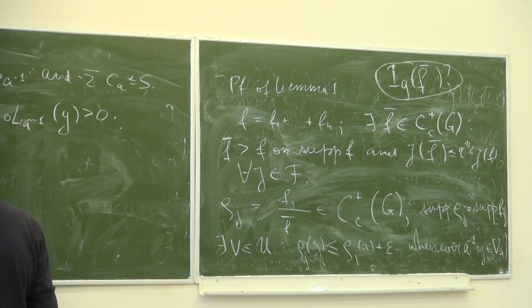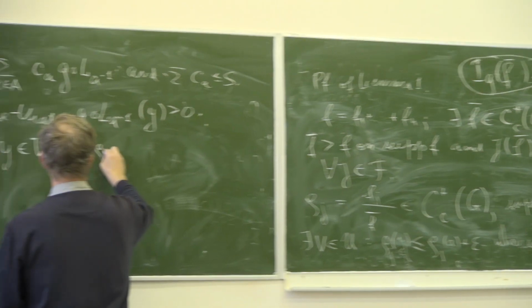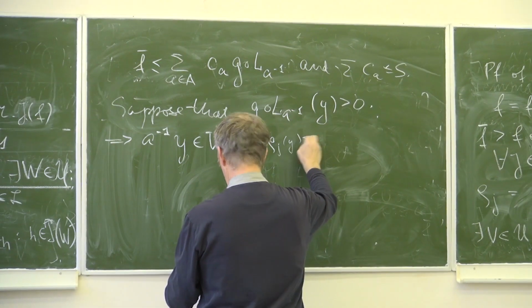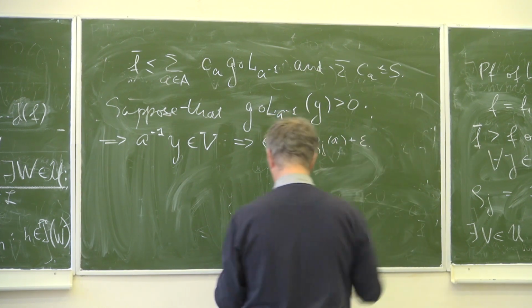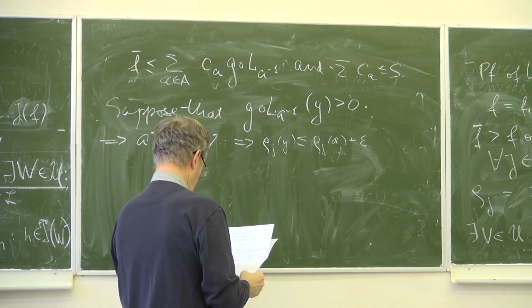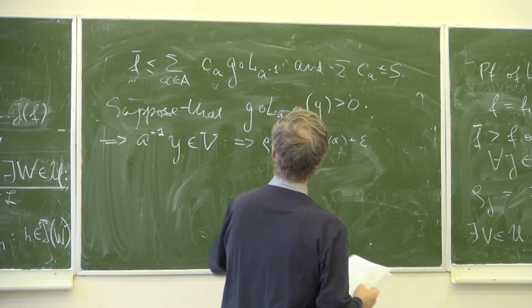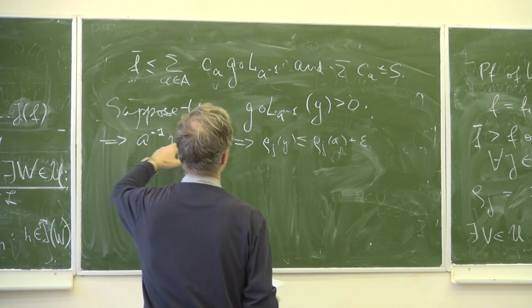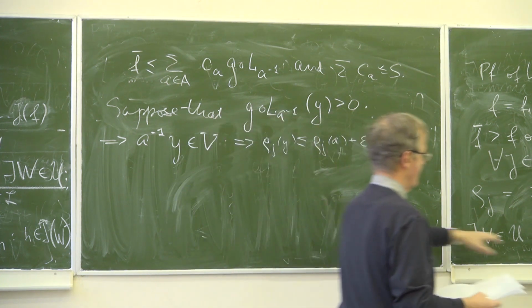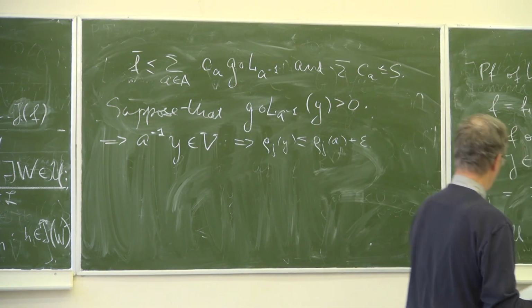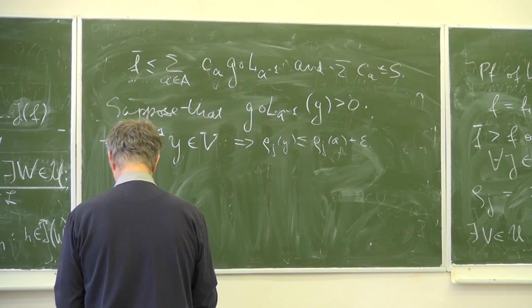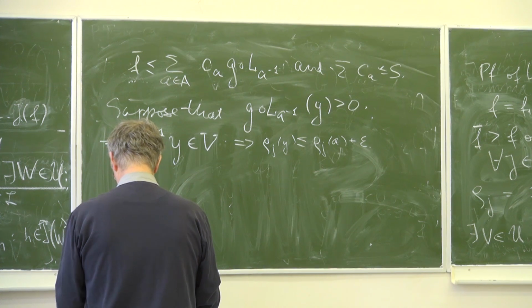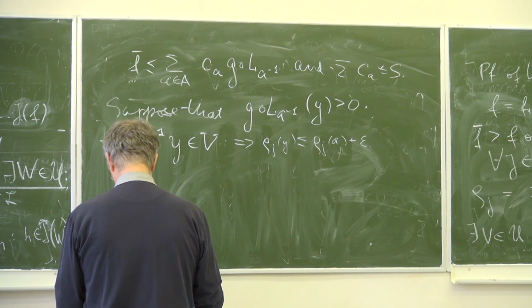So we have this, and this implies that rho g of y is dominated by rho g of a plus epsilon, because we have chosen it in this way, where it is written here.